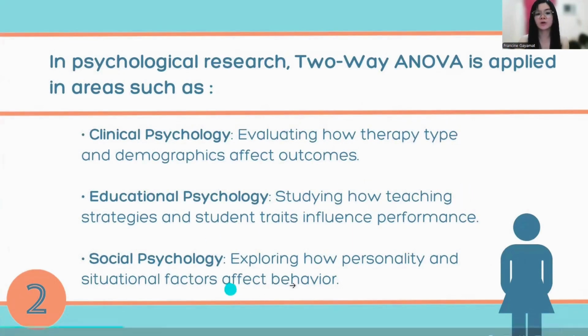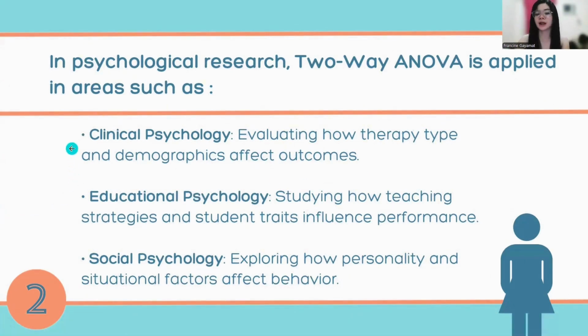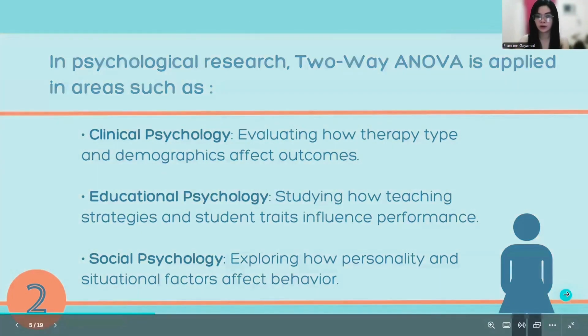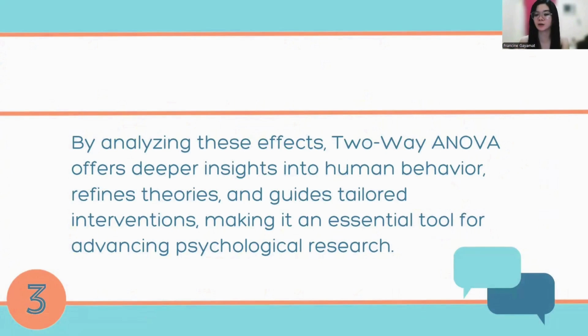And also social psychology, wherein you can explore how personality and situational factors affect behaviors. By analyzing these effects, the two-way analysis offers deeper insights into human behavior. It refines theories and guides tailored interventions, making it an essential tool for advancing psychological research.